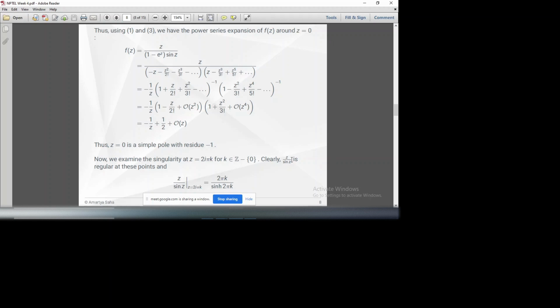So z by sine z, as you see, is regular at these points. So it is regular at z equal to 2 pi ik. And at z equal to 2 pi ik, z by sine z takes this value 2 pi k divided by sinh 2 pi k. So this is a shortcut, but I'll comment later on the applicability of this shortcut.